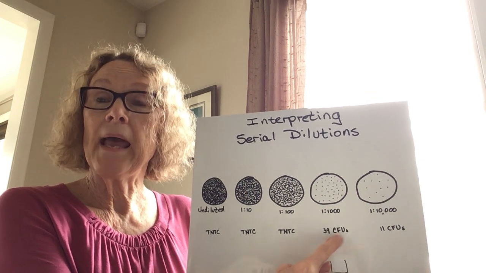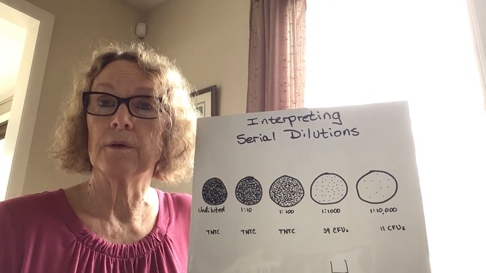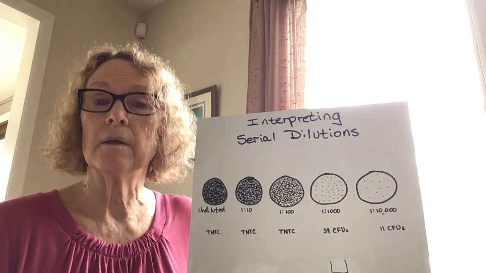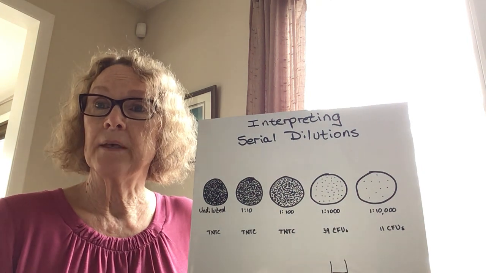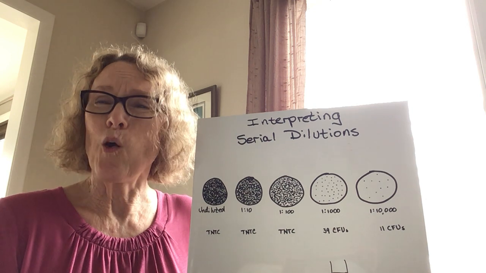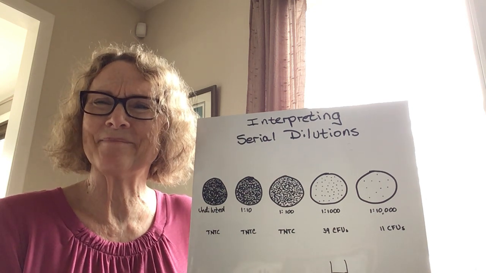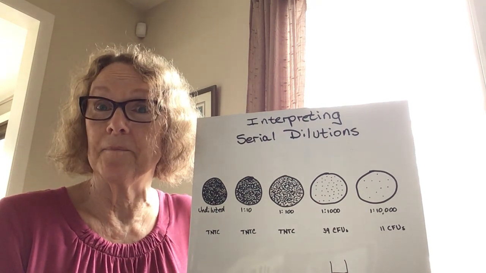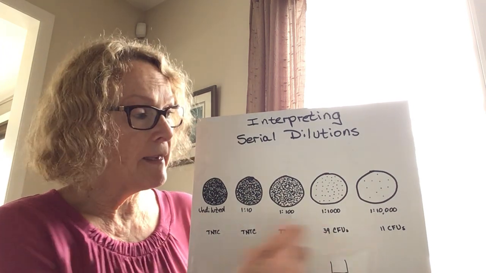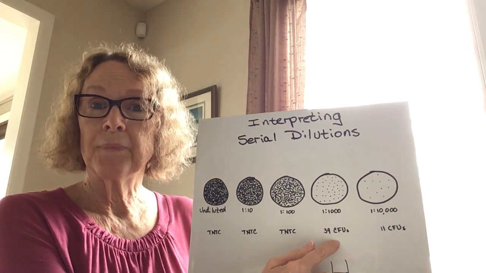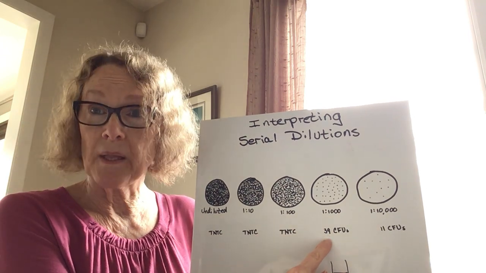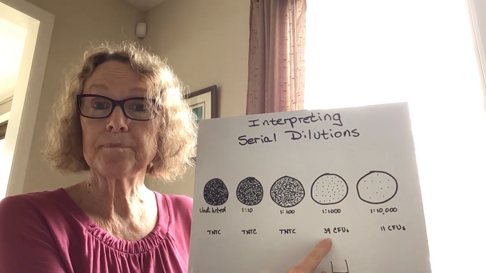That plate had 39 CFUs. So would we report that the 1 milliliter of milk had 39 CFUs per milliliter? Hopefully you're thinking, that doesn't sound right, and you'd be right. Because remember, we diluted the milk to get to that plate. What we have to do is take this number and multiply it by the dilution factor.